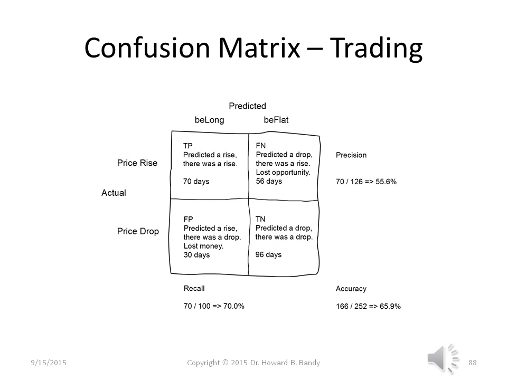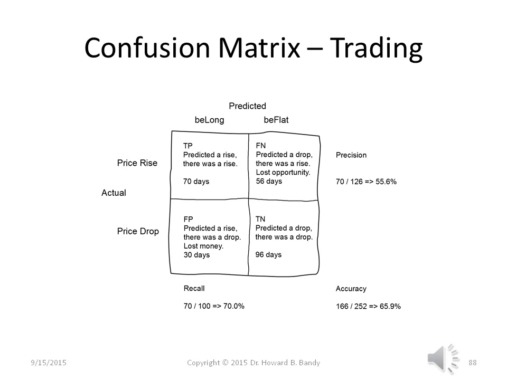When we're evaluating the results of machine learning, this is the confusion matrix that is associated with trading. You can see that predicting is either be long or be flat, and actually there's either a price rise or a price drop. Assuming for this hypothetical that we're looking at 252 days worth of activity, we've got 70 days predicted to be long and it did rise, and 96 days predicted to be flat and there was a drop.